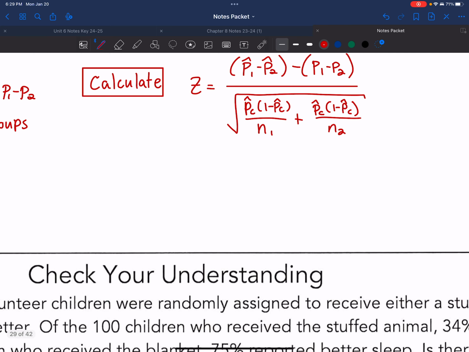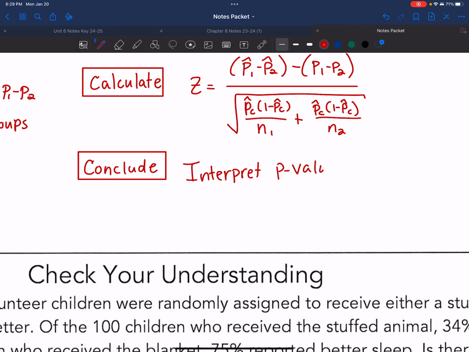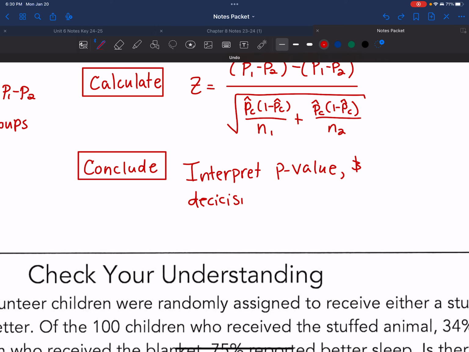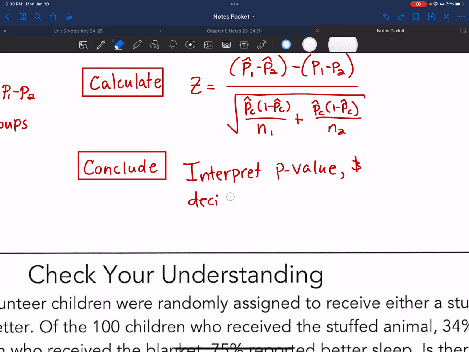And then the conclusion is pretty much the same thing. Once you have your p-value, you just interpret the p-value and you make a decision. Decision and conclusion.